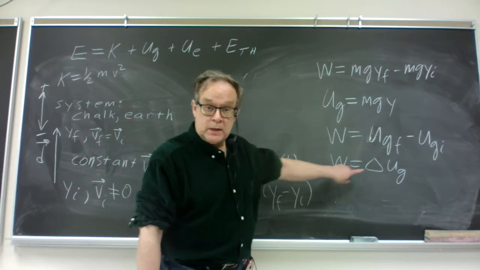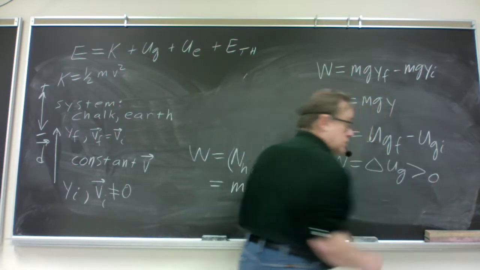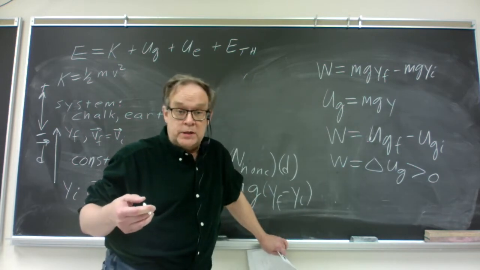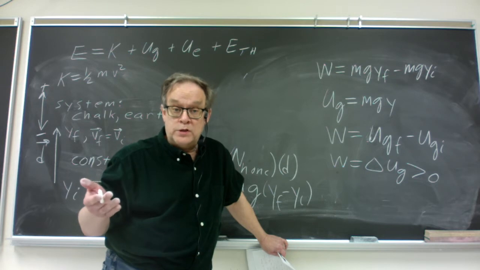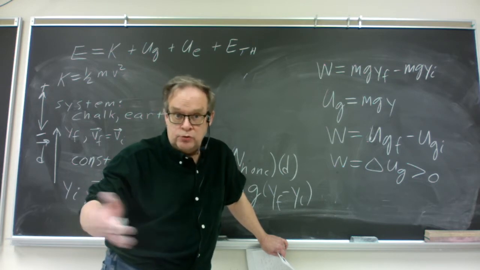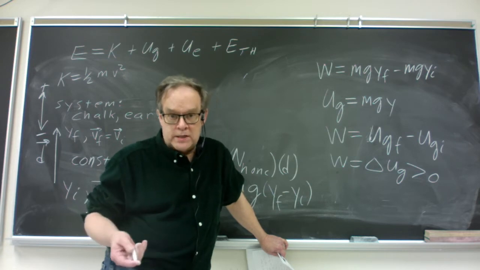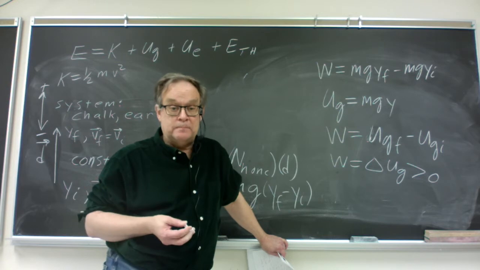The work done was positive, so change in gravitational potential energy is positive. The change in gravitational potential energy was an increase. When work was done on the system, energy was not added to the kinetic energy, but it was added to the gravitational potential energy.